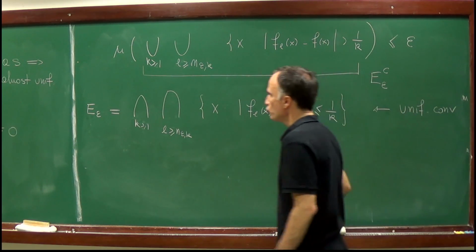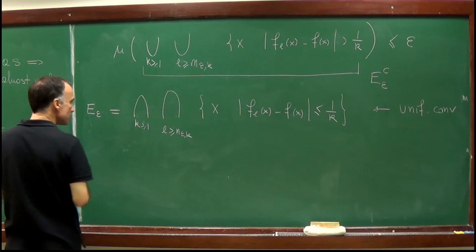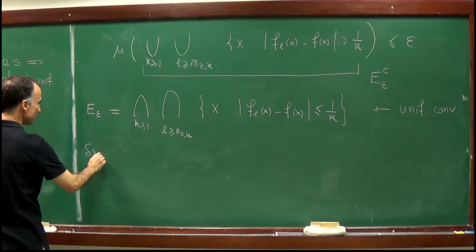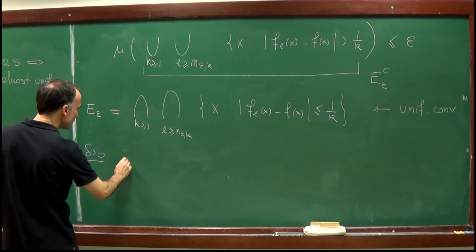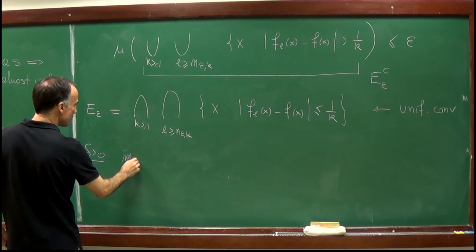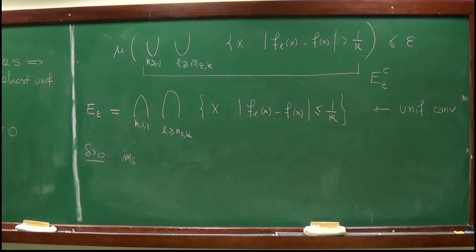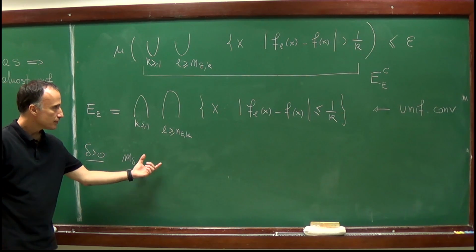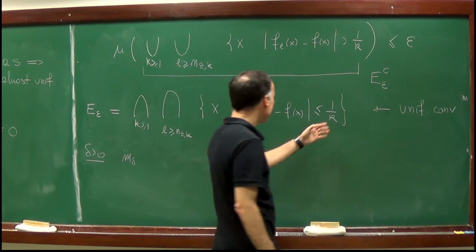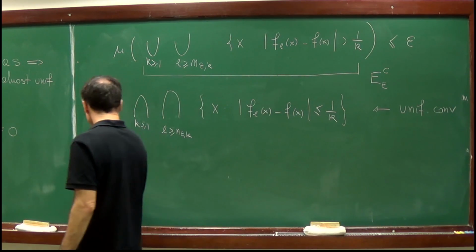Well, to show that you have uniform convergence, fix some delta positive. We have to find a certain m, which depends on this delta, such that for all n larger than m delta, this difference is bounded by delta. So fix delta.